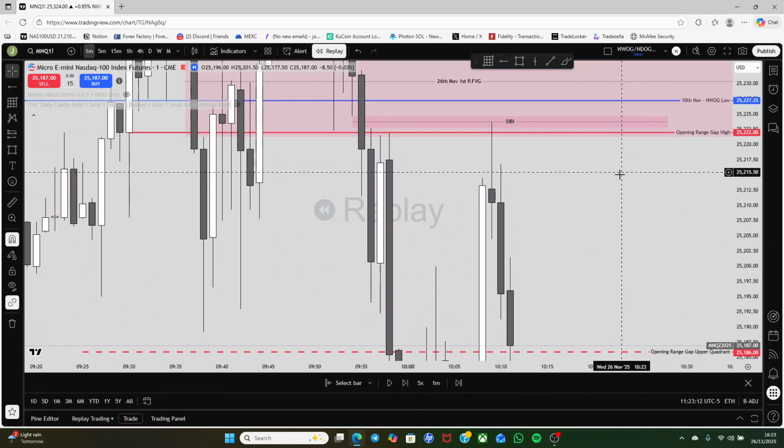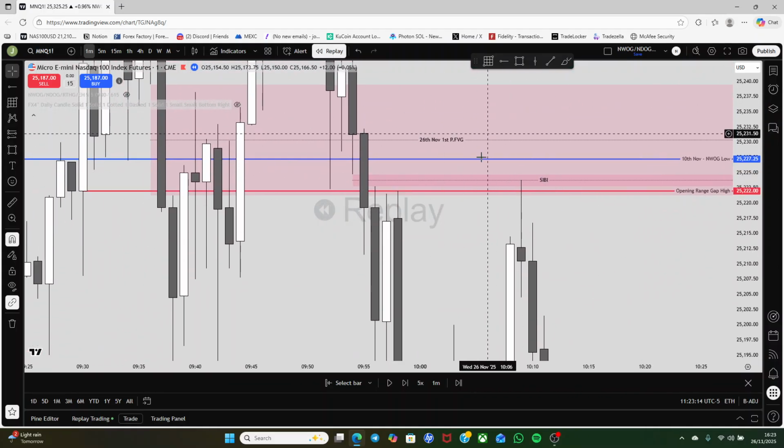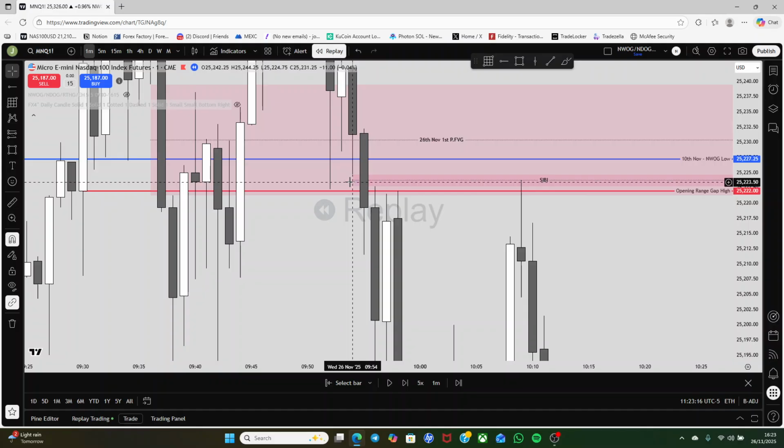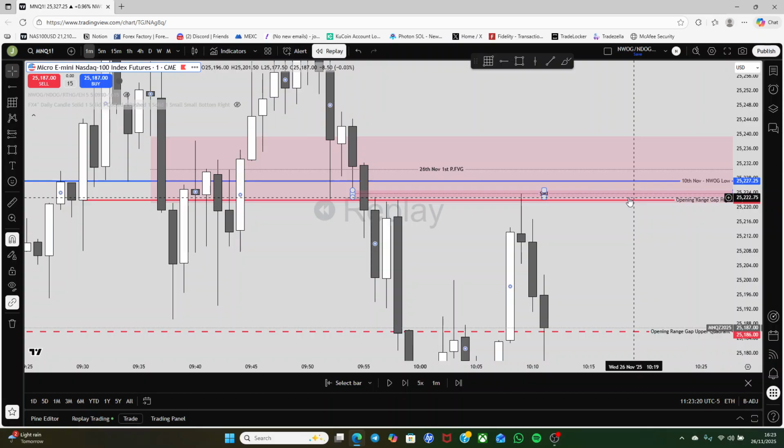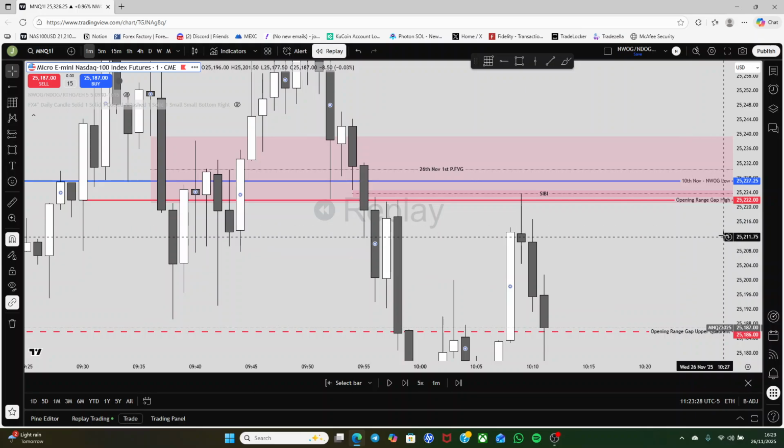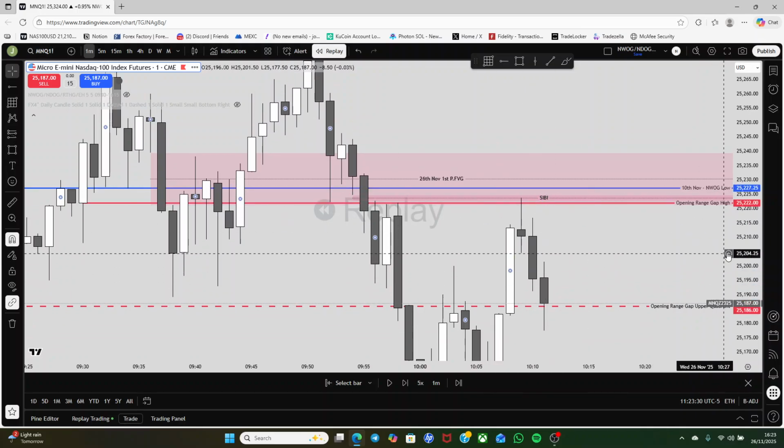Where do we draw towards? First fair value gap in the session and that unfilled CB in line with the opening range gap higher. I mean, them 3 sort of key points of the market, that is such a sort of black hole for price and liquidity to draw towards.